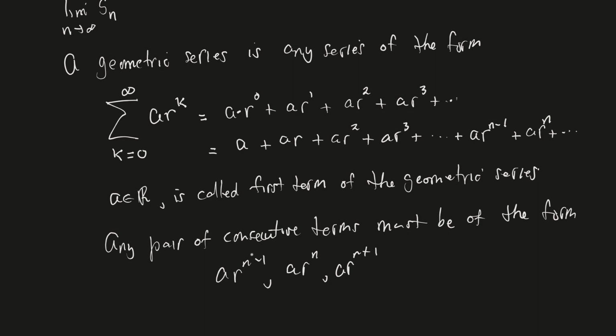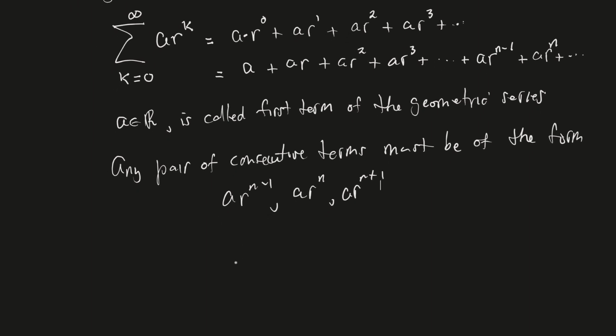So let me take my original pair, and let's take the ratio of these two numbers. So let's take the subsequent one divided by the previous one, right? You may say, well, why am I doing that? Well, let's see.